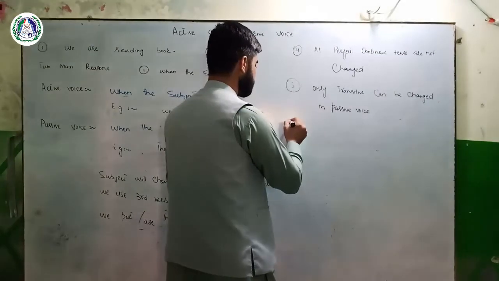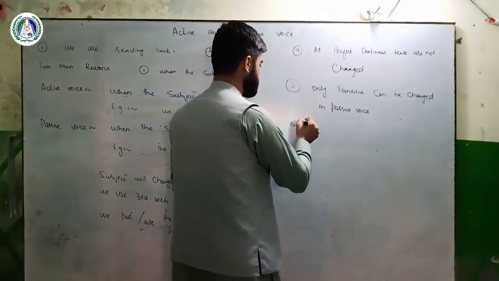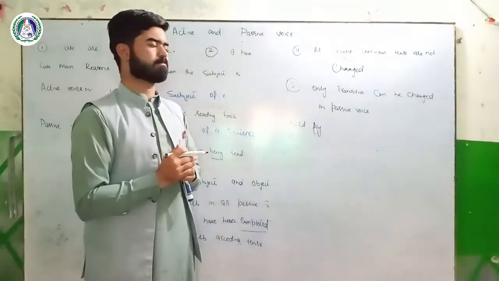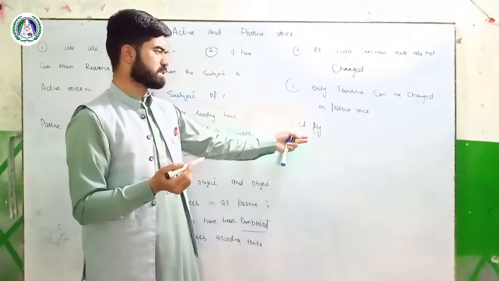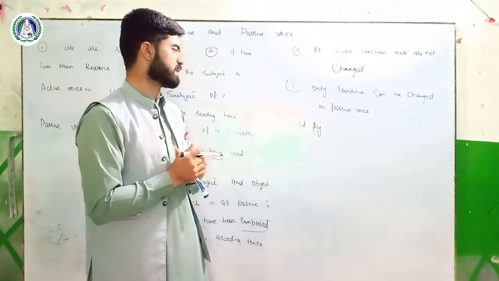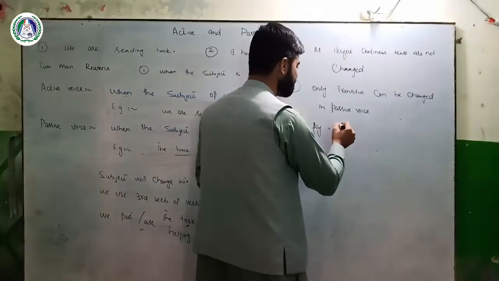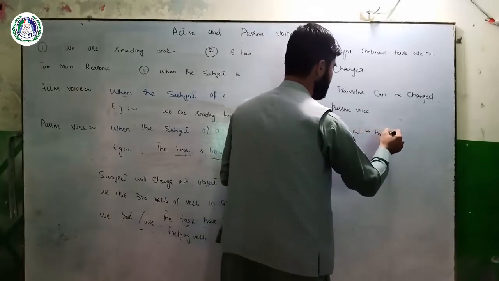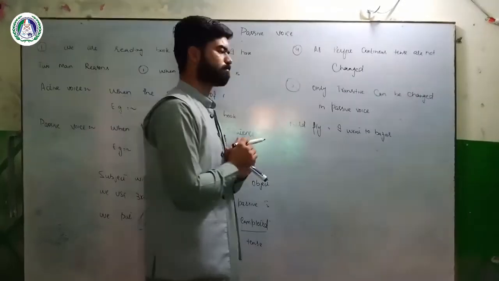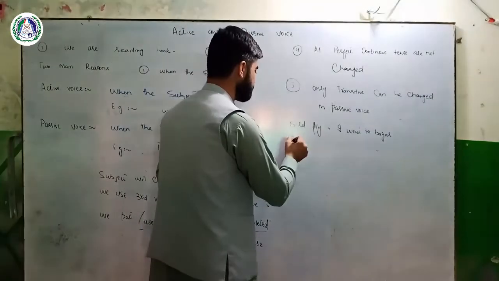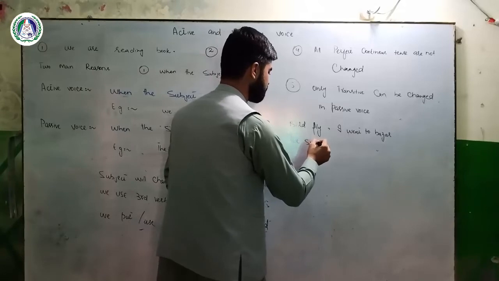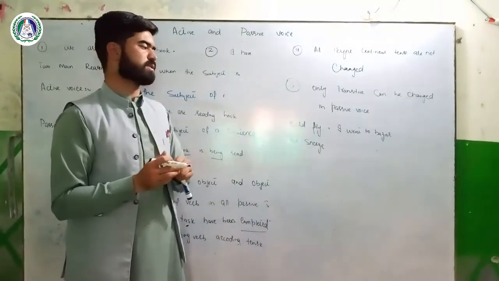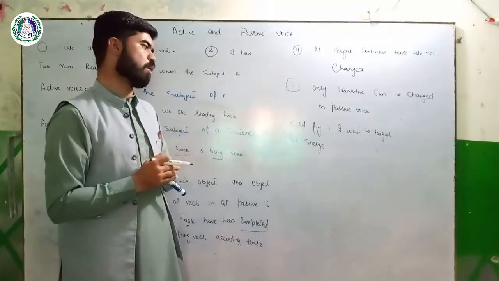For example, bird fly. Is it clear and complete in sense? There is no object in this sentence. And I went to bazaar. We sneeze. Such kinds of sentences are not changed. They will remain the same in passive voice.